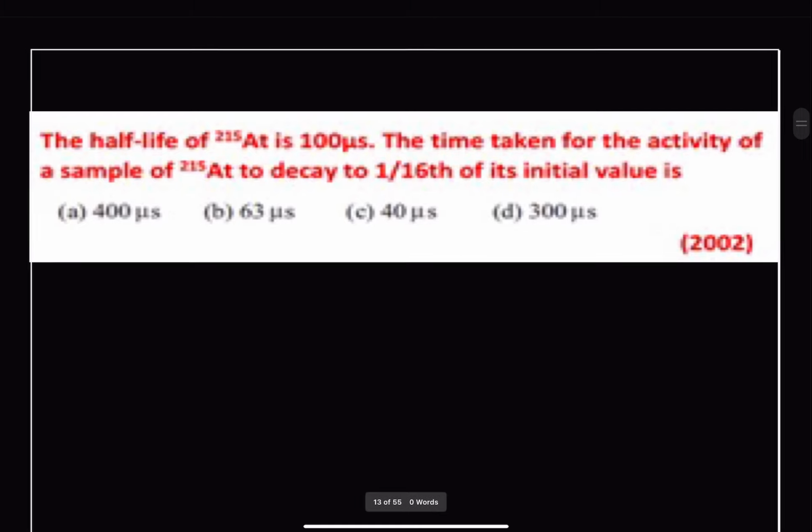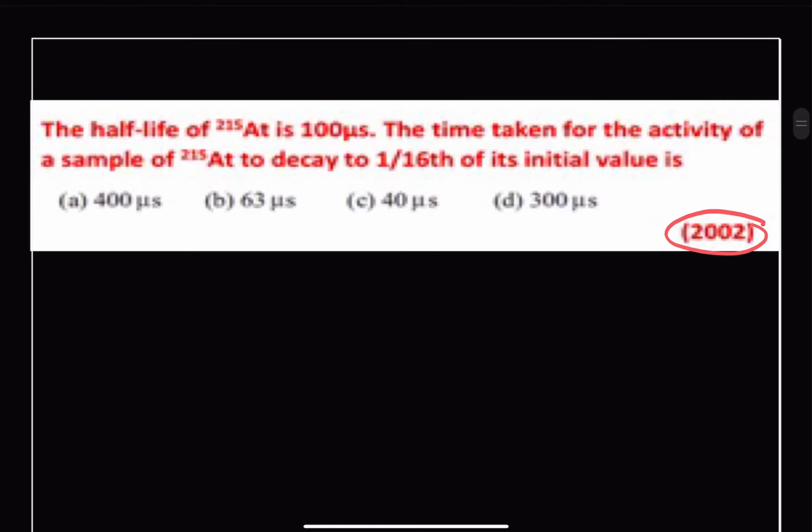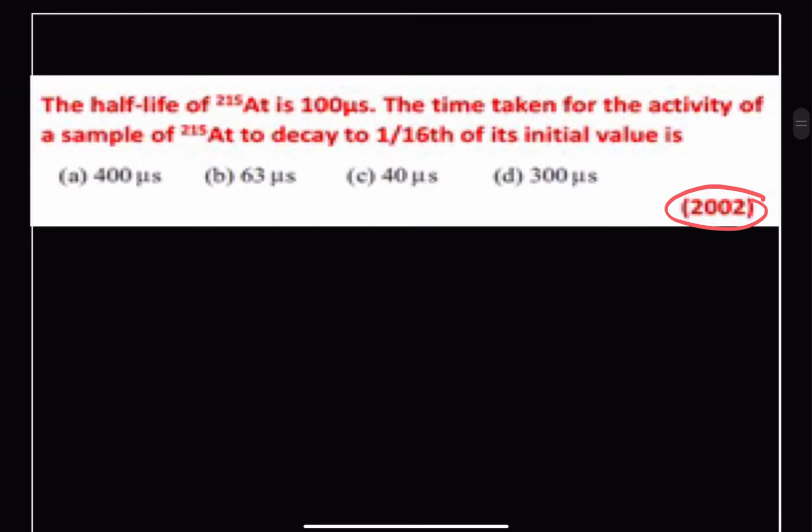It was asked in the year 2002, and it states that the half-life of 21580 is 100 microsecond. The time taken for the activity of a sample of 21580 to decay to 1/16th of its initial value is.